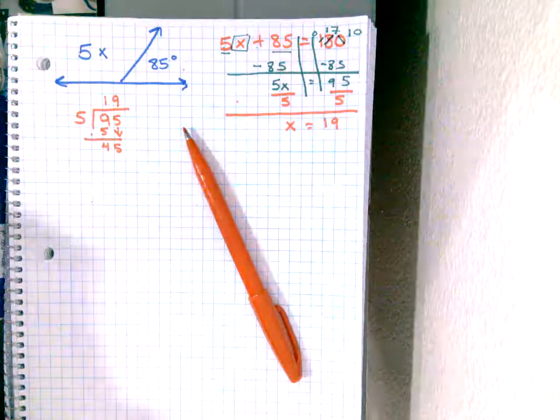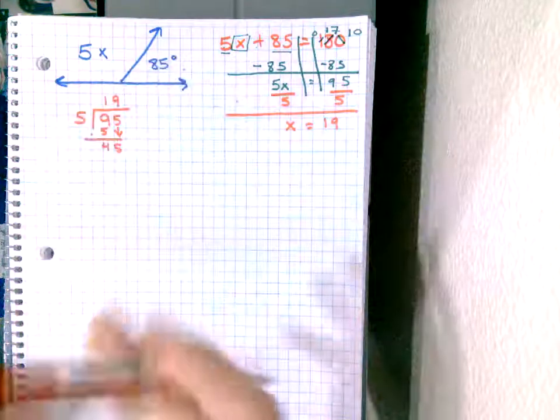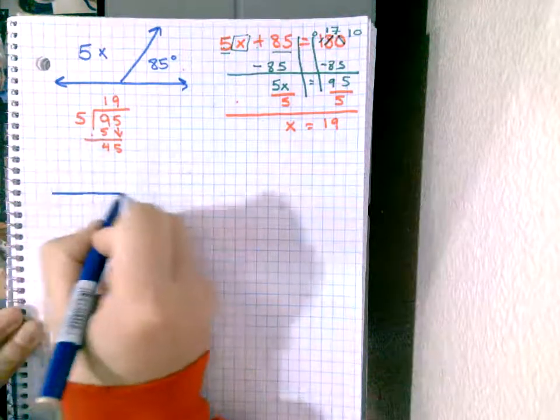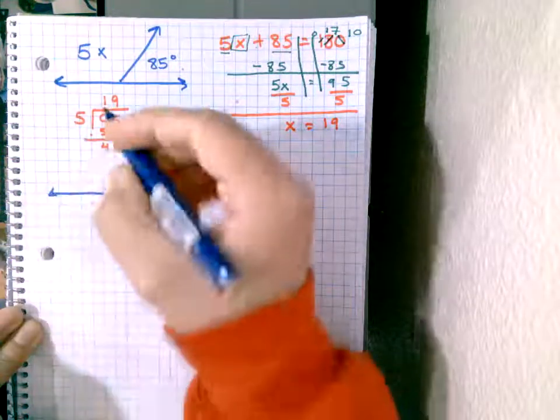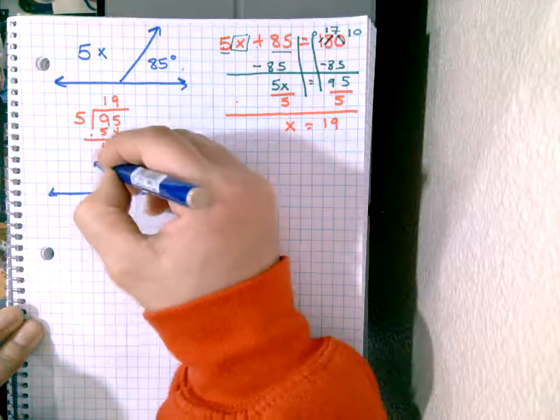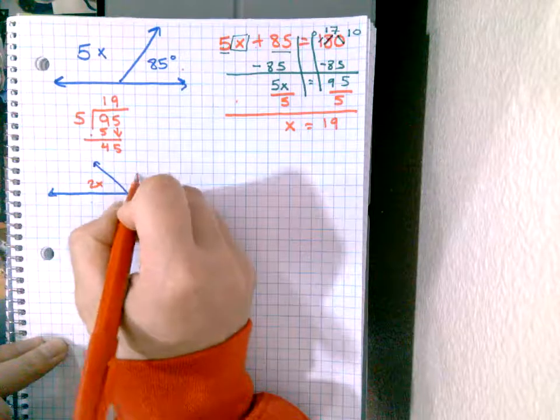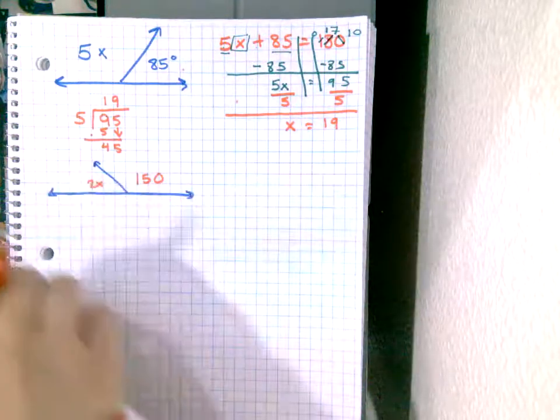Okay, let's do one more, and then we'll do the ones that gave you trouble yesterday. Let's say this is 2x and this is 150.